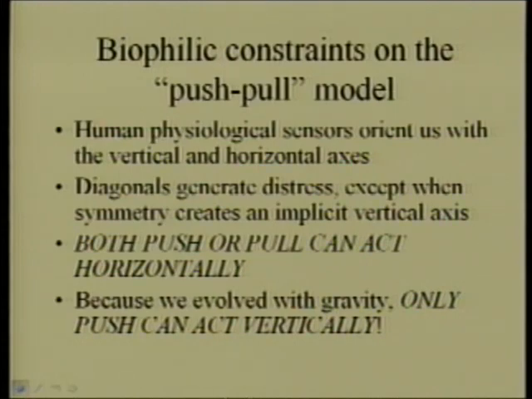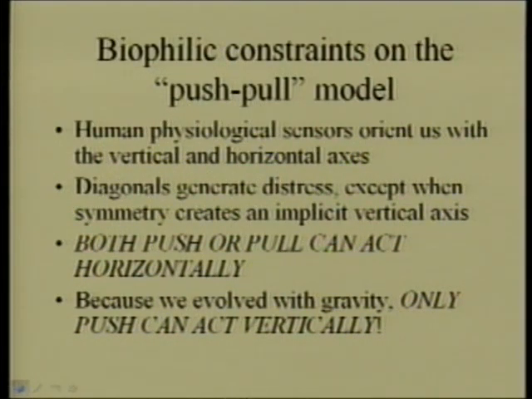The inner ear orients us according to the vertical and the horizontal. We are a walking animal. We know exactly where the horizontal is, and we can get terribly disoriented in an environment that has diagonals. So diagonals create distress because they seem to defy gravity.